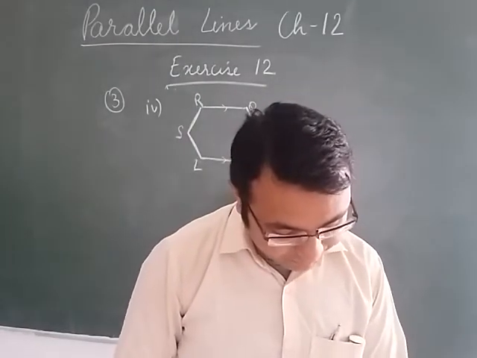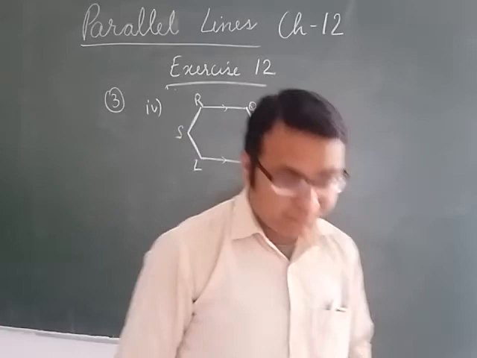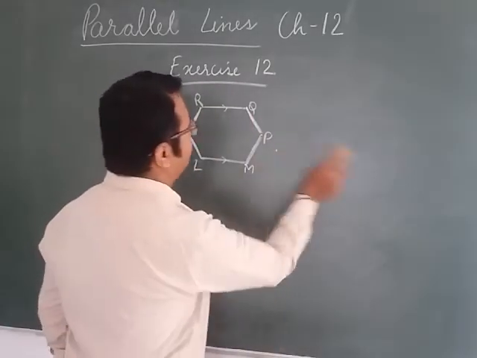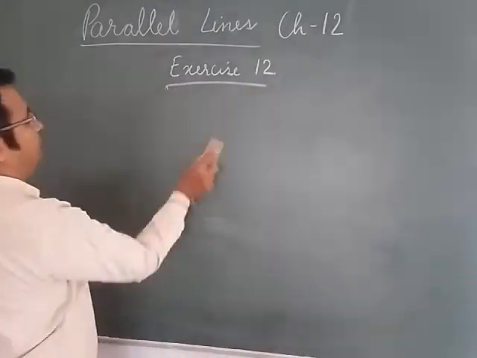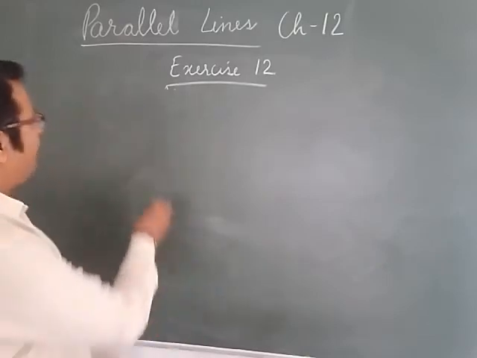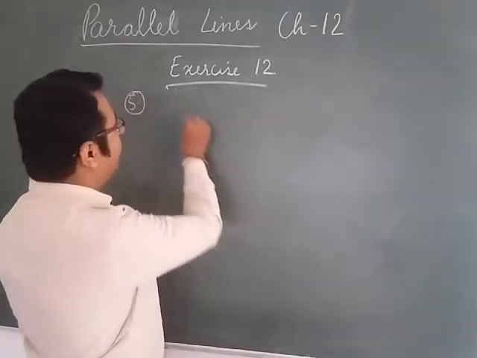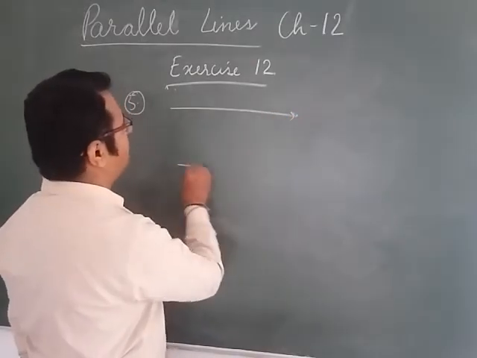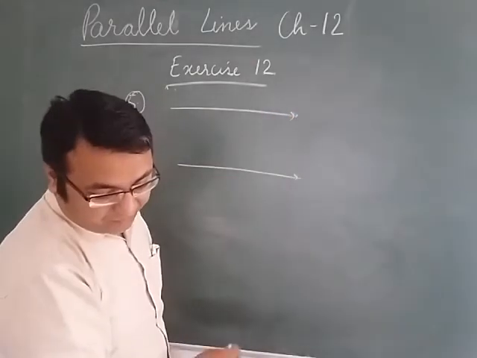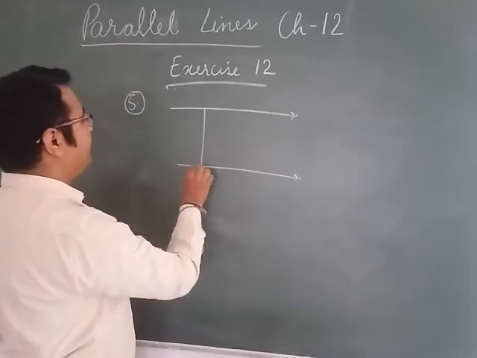Now let's see question number 5. Question number 5 is a good question. In question number 5, two parallel lines are given and the perpendicular distance between them is given.